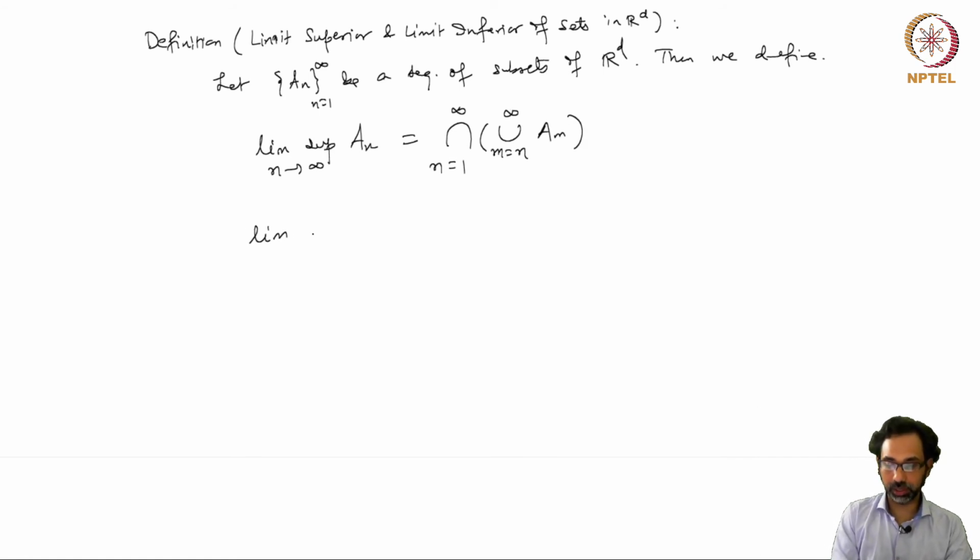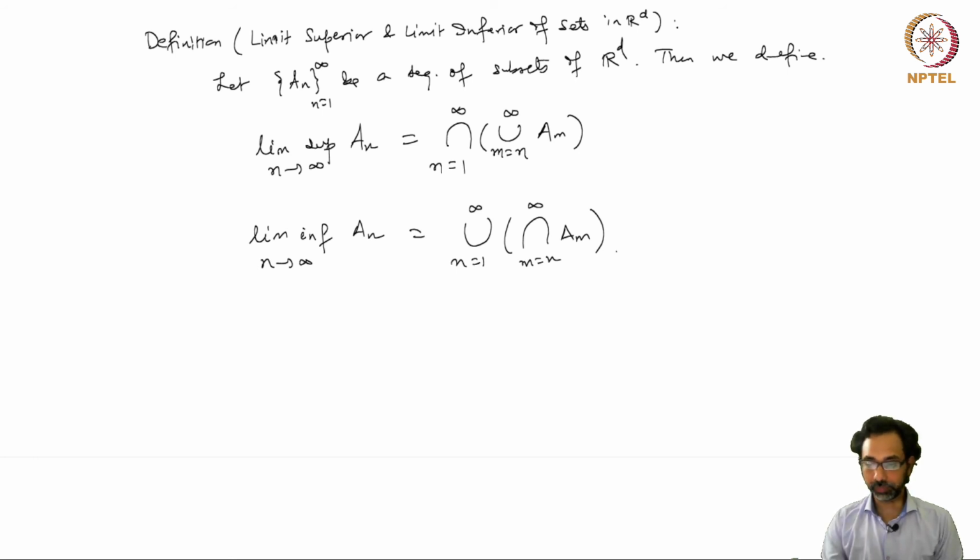And similarly the limit inferior, lim inf of A_n as n goes to infinity, is the union over n equal to 1 to infinity of the intersection over m equal to n to infinity of A_m.